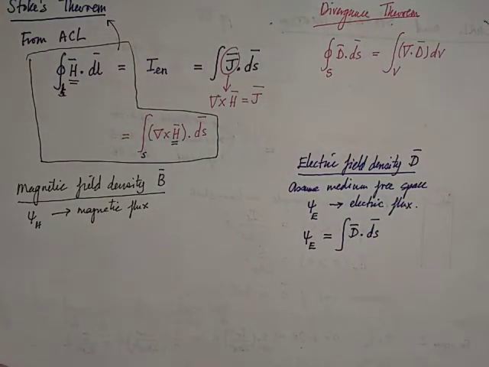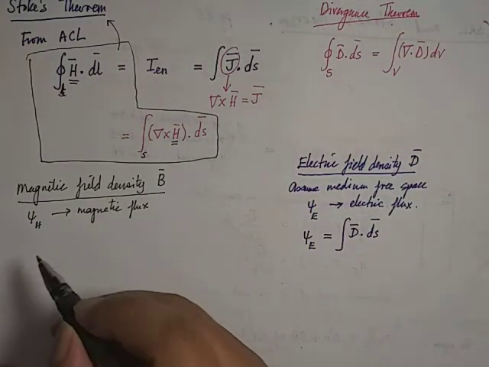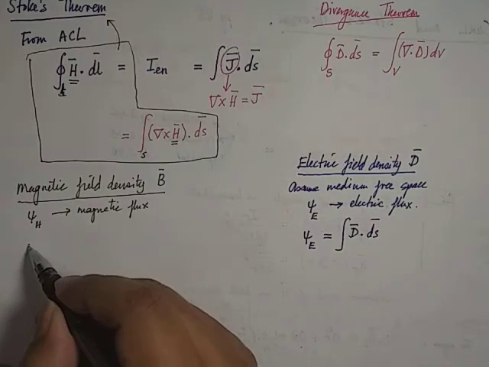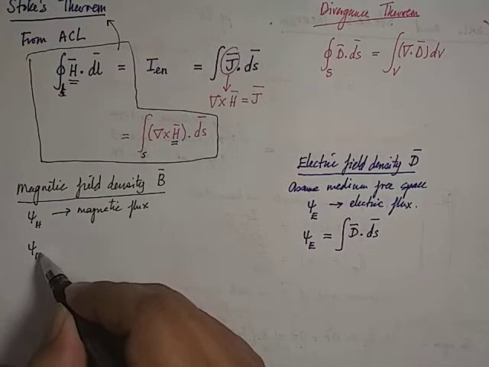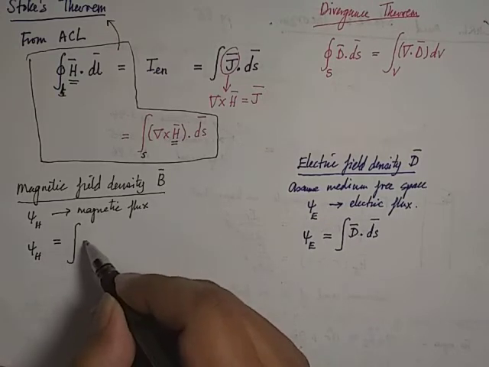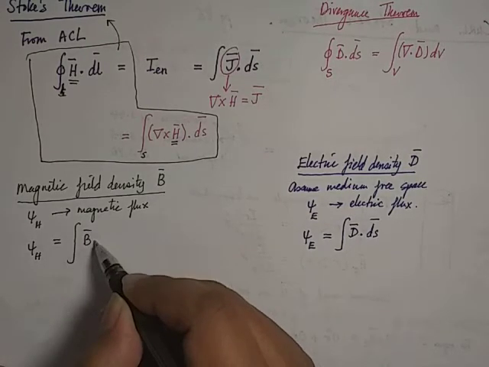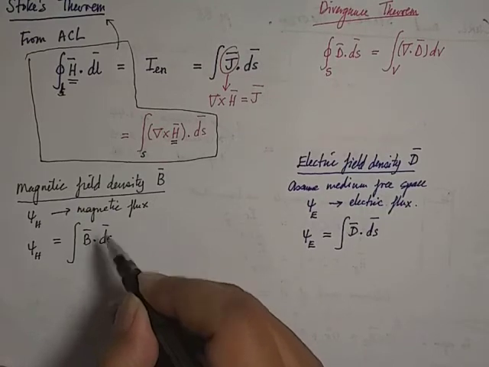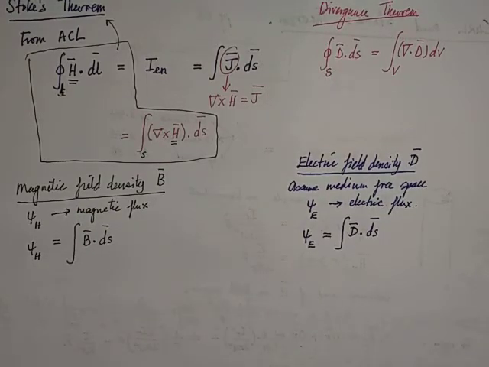Similarly, I can use the equation to relate my magnetic flux with my magnetic flux density, B dot dS. You can use that equation to determine magnetic flux. So you can see whatever we experienced in electrostatics can be used again in magnetostatics.